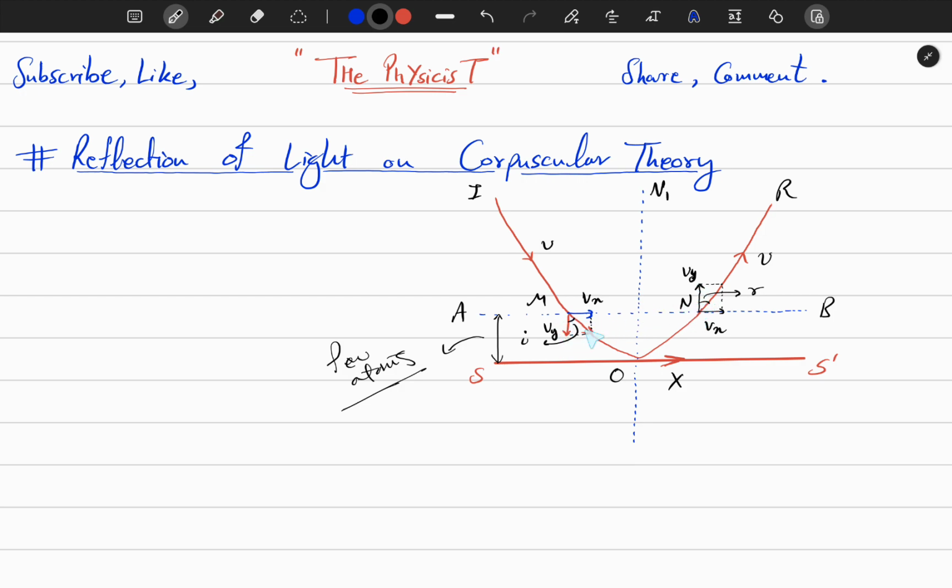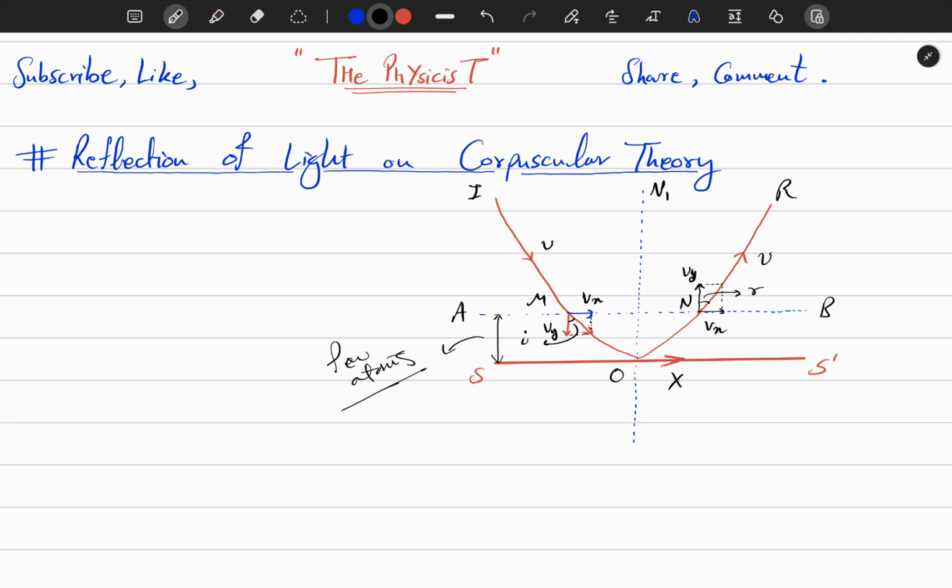Here the direction is downward, but here the Vy, the perpendicular velocity, is upward. Okay, moreover these two magnitudes are the same. Okay, so the particle is now following the path NR, and it is reflected.